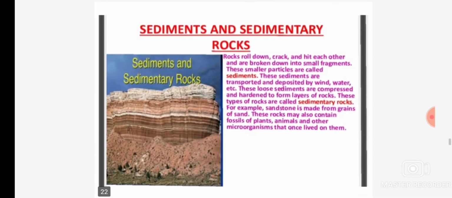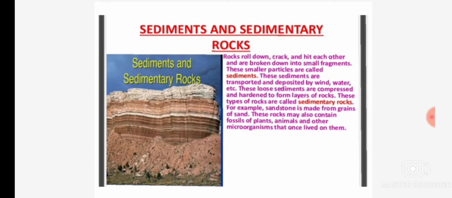Now let's learn about the second type of rock, that is sedimentary rock. You have learned that the word sedimentary is derived from the Latin word sedimentum, that means settle down. Then how are these rocks formed? You have learned about igneous rocks.